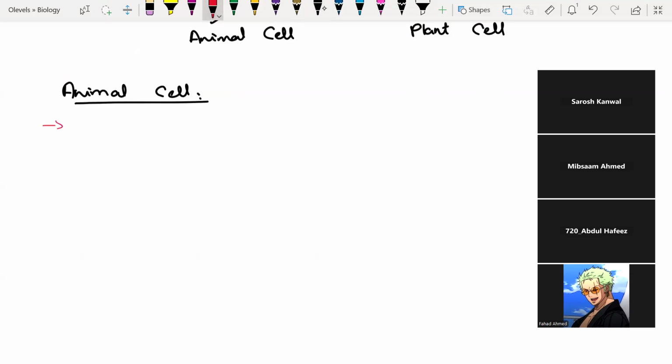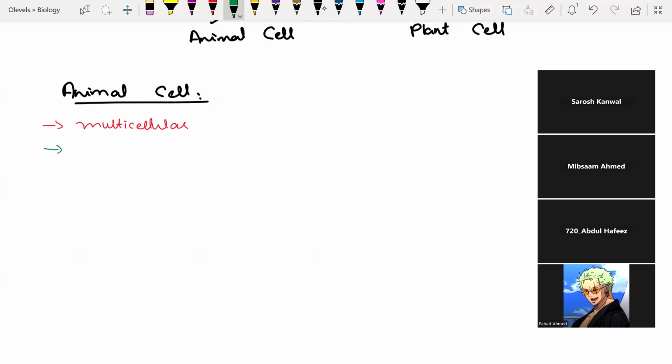We know that the animal cell is multicellular. What does that mean? That means that it is composed of many cells, more than one cell, right? Apart from that, we know animal cells belong to the category of eukaryotes.